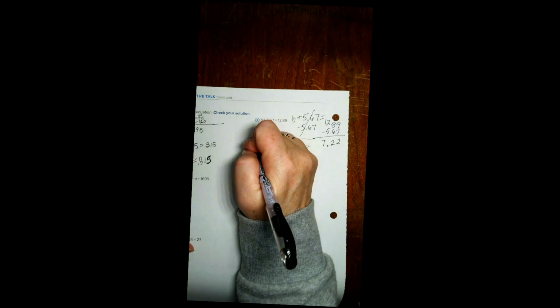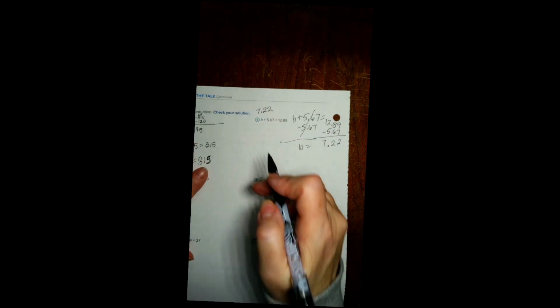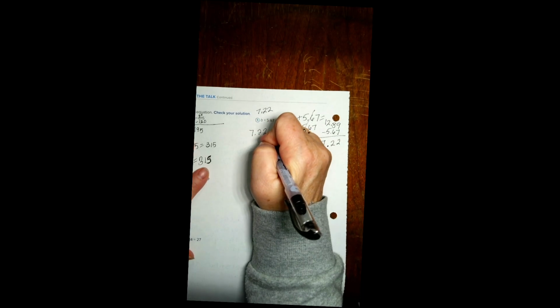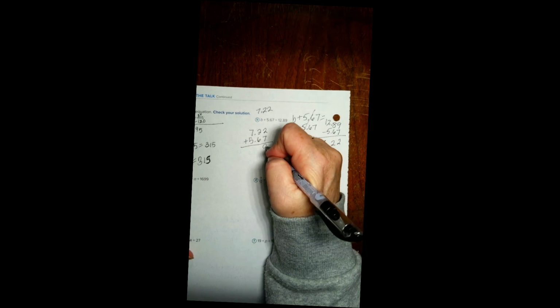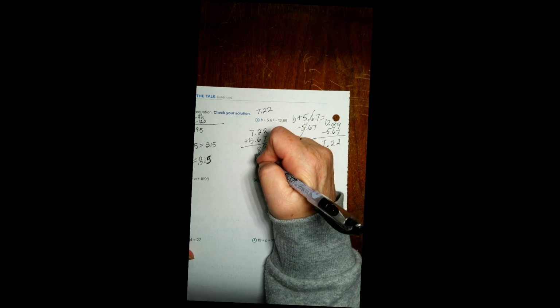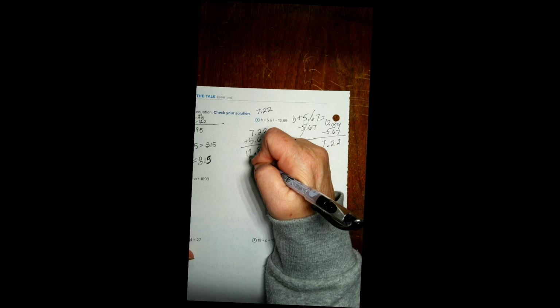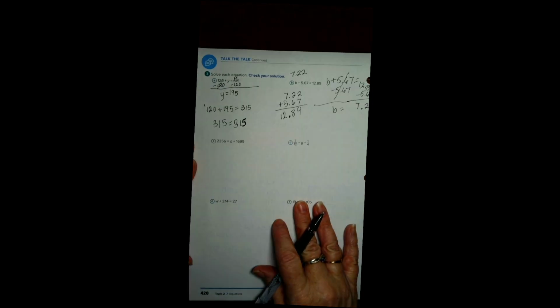So we have b equals 7 and 22 hundredths. So I'm going to rewrite it like this to check it with the addition, to make it a little bit faster and easier for you to understand. 2 plus 7 is 9, 2 plus 6 is 8, 7 plus 5 is 12. And that is what we had here, so it is correct.